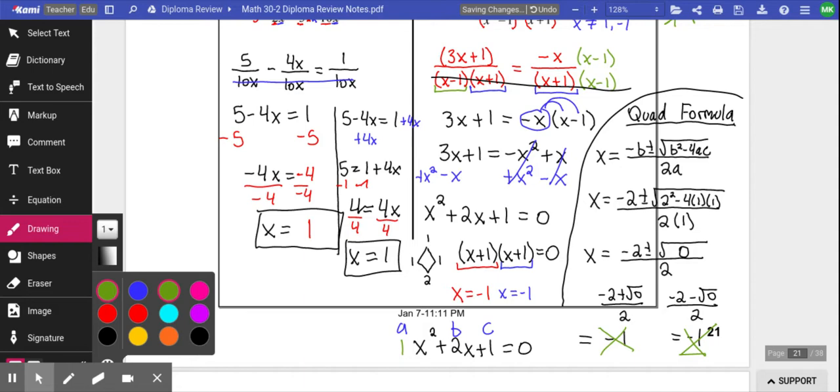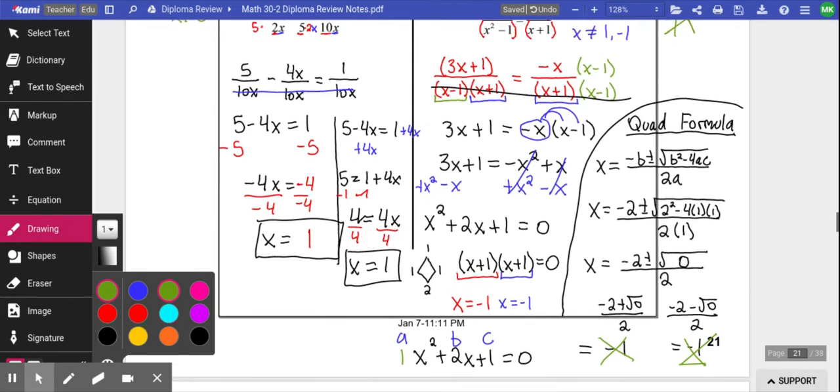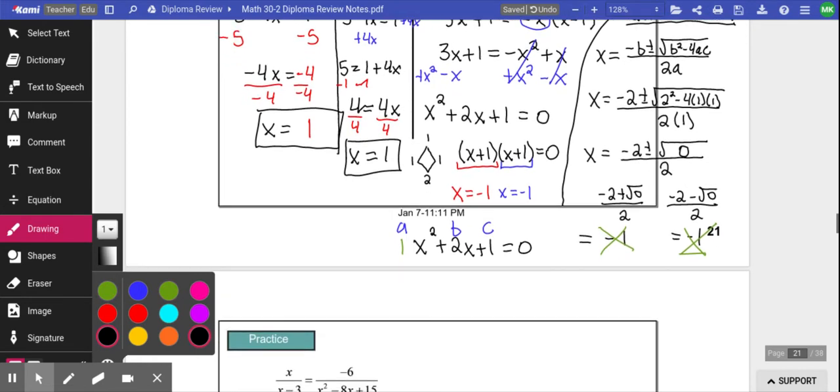You still have to write it and cross it out. That's you demonstrating, hey, I know algebraically this is an answer, but I also know it's not a proper answer. So you have to show you found it and then show that you denied it being a good enough answer. For a question like this, where now there is no answer, the solution would be no solution.